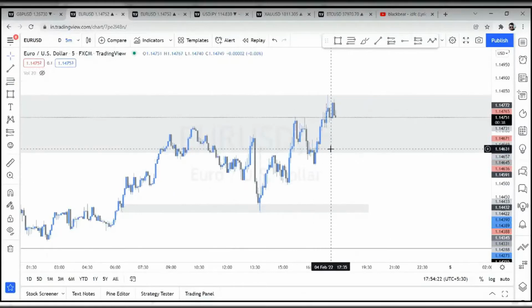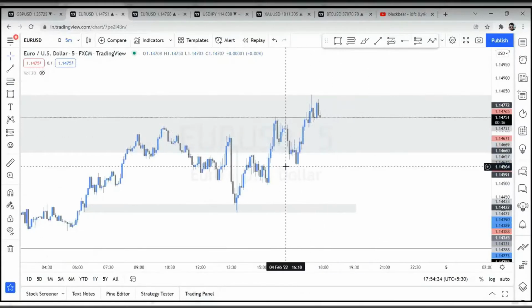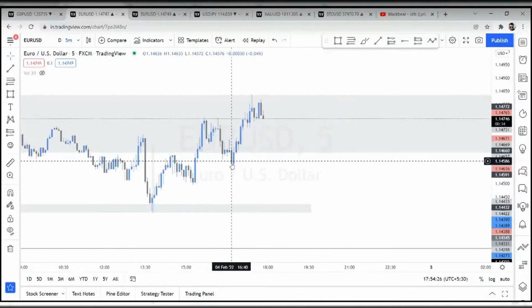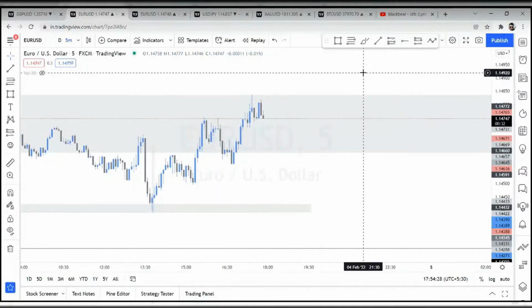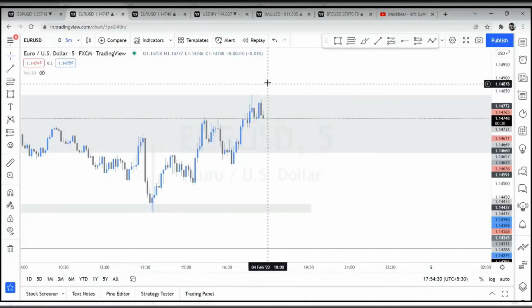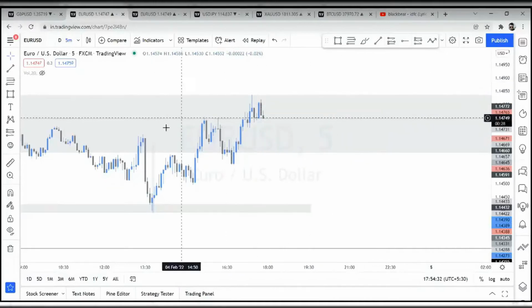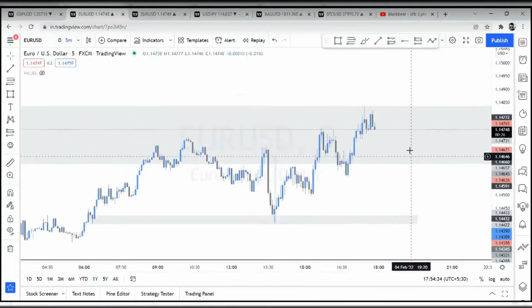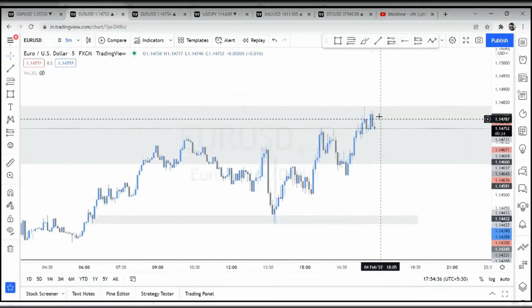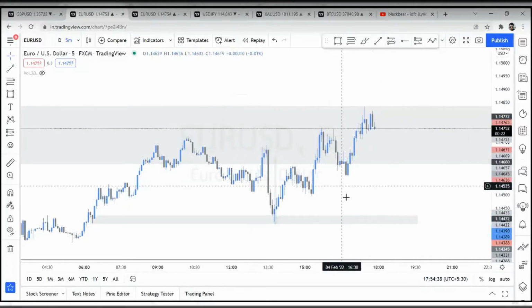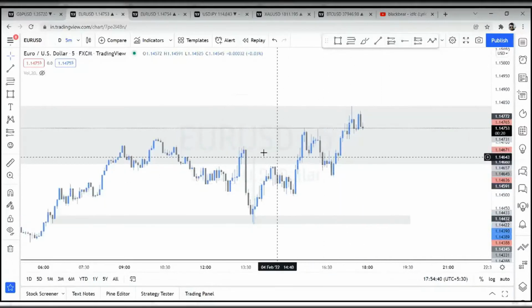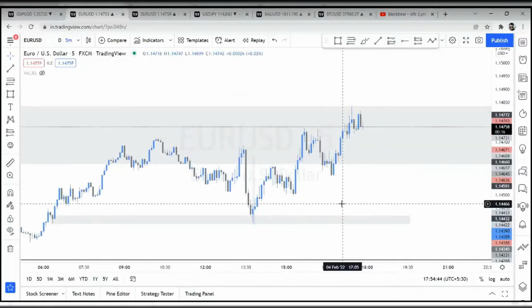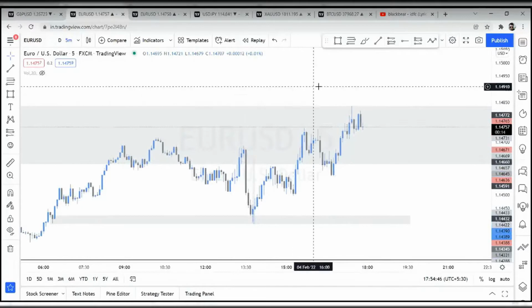But that is how you build your bias. It does not matter where the price is, whether it is near an order block or at a resistance. You can buy and sell anywhere. That I have been telling you from the beginning. And I will be posting a video on buying or selling on the break of structure, which is a very important strategy. I will be putting that out.